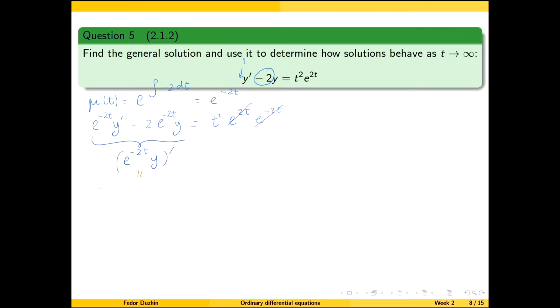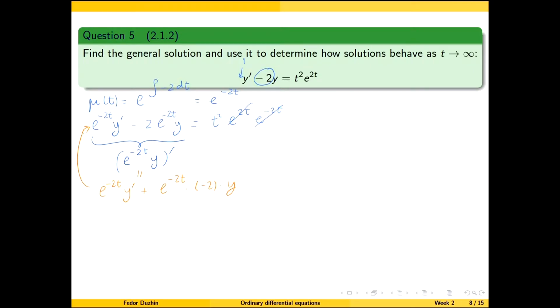First we differentiate y, so we keep e to the -2t times y prime, plus we differentiate e to the -2t. The derivative of e to the -2t is e to the -2t times -2, and then times y. And you see that this is exactly the same thing as it was.